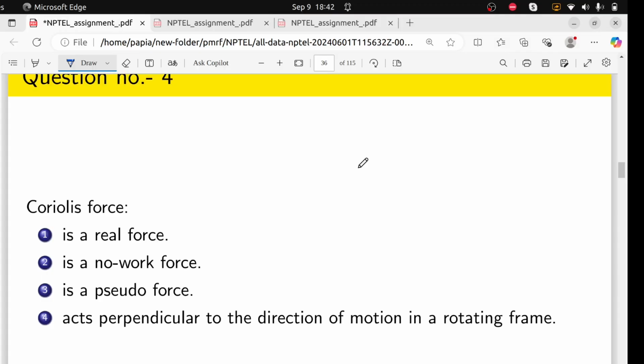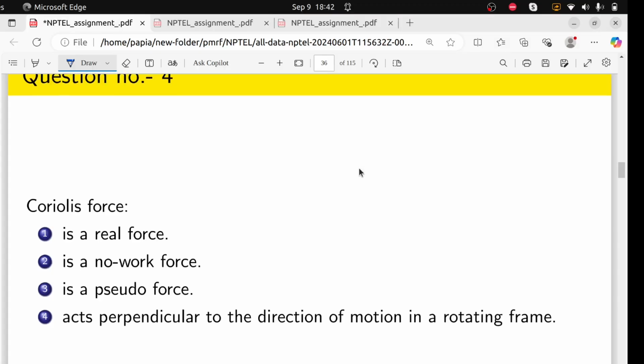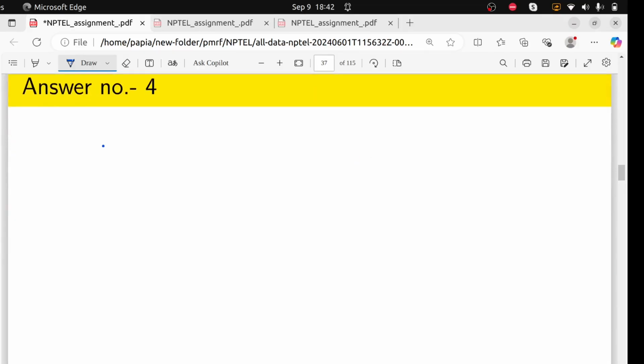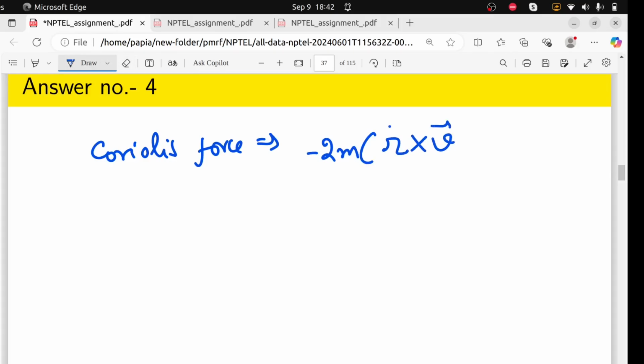So for this question, I just mentioned here what is the expression for Coriolis force, and after that we will talk. So for Coriolis force, the expression is minus 2m omega cross v.